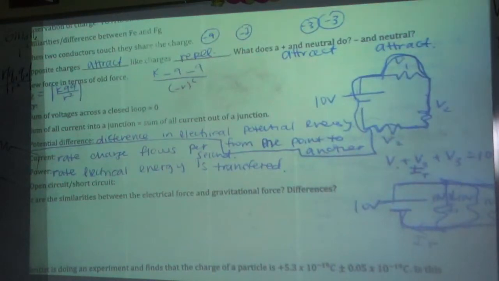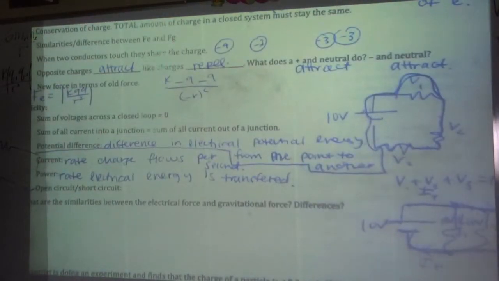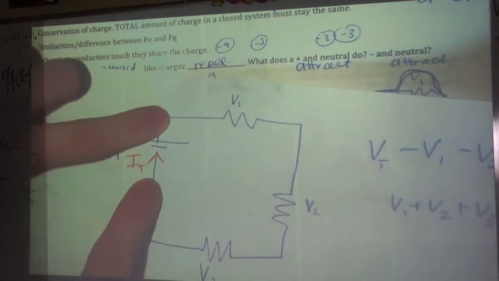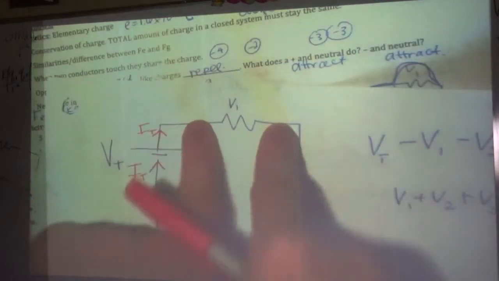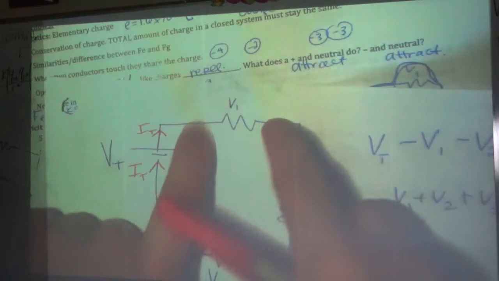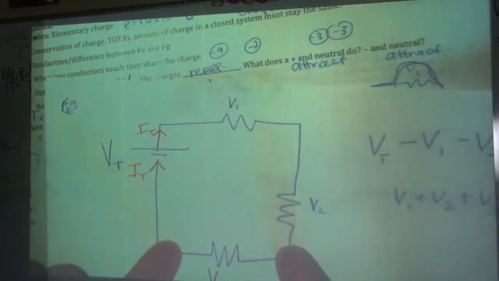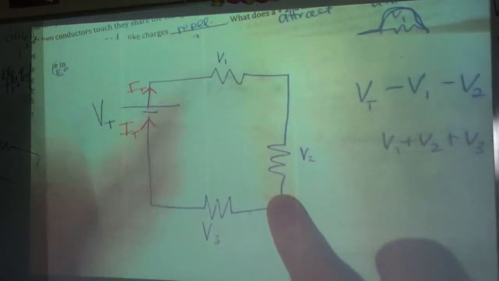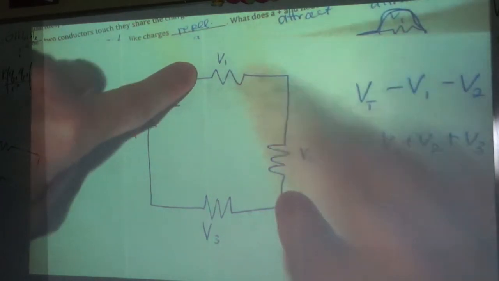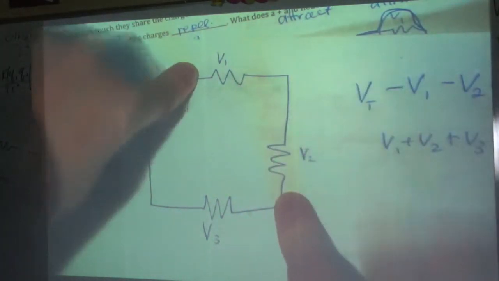Alright, cool. The potential difference is a difference in electrical potential energy from one point to another point, so it's always across. From here to here, that's just the voltage of the battery. From here to here, that's the voltage drop of the first resistor. From here to here, that's the voltage drop of the third resistor. From here to here, that's the voltage drop of the 1 and the 2 resistor.